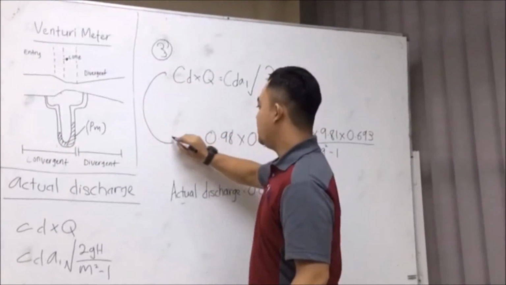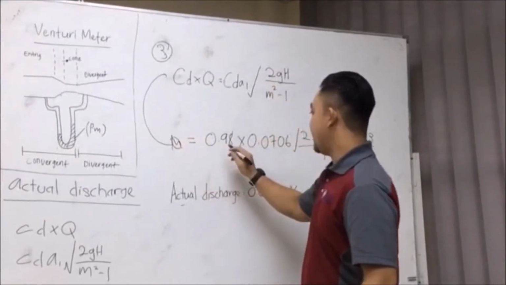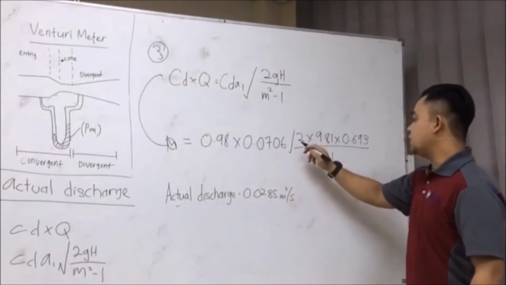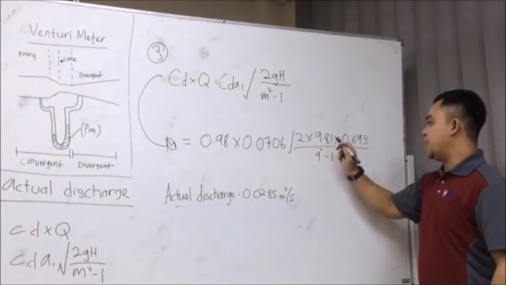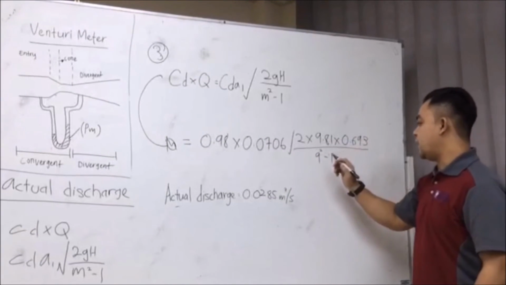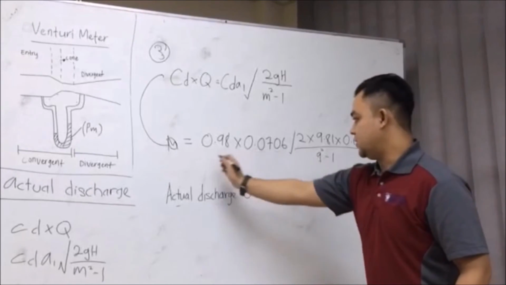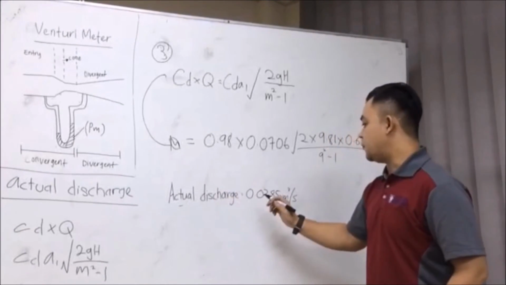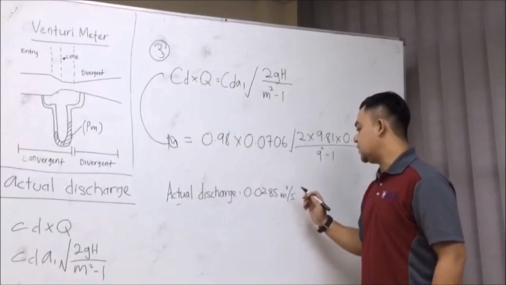We can insert all the values, which is 0.98 multiplied by 0.0706 times the square root of 2 multiplied by 9.81 multiplied by 0.693 over 9 squared minus 1. From this equation, we can find the actual discharge, which is 0.0285 meter cubed per second.